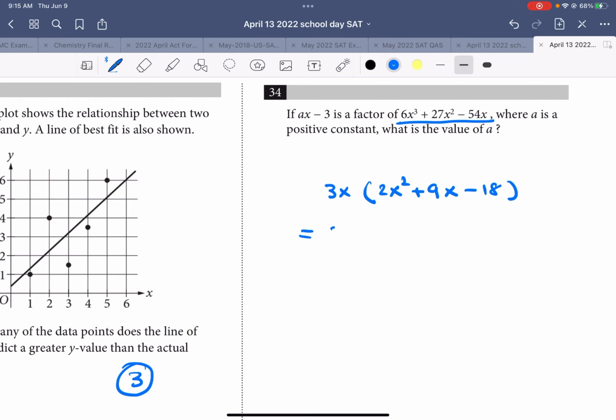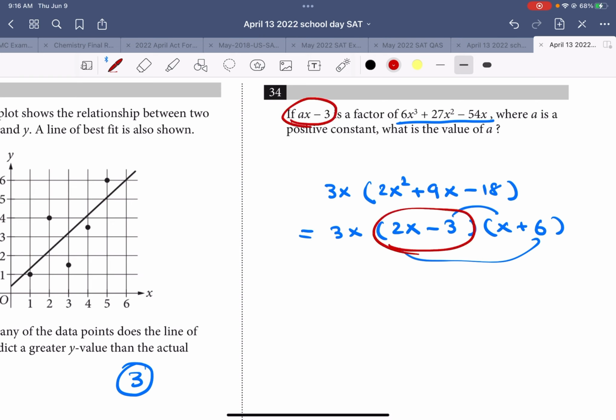And then you can factor more. 2x, x like that, and then positive 6 here. So that's 12x and then minus 3x, and 12x minus 3x is 9x. So that's the right factoring. Now when you compare, it said ax minus 3 is a factor, so equivalent to this, your a value is 2. Okay, 2 is the answer. After you factor, you can compare.